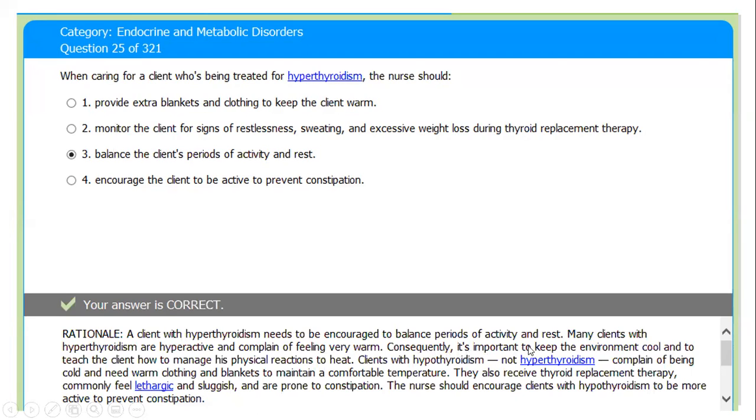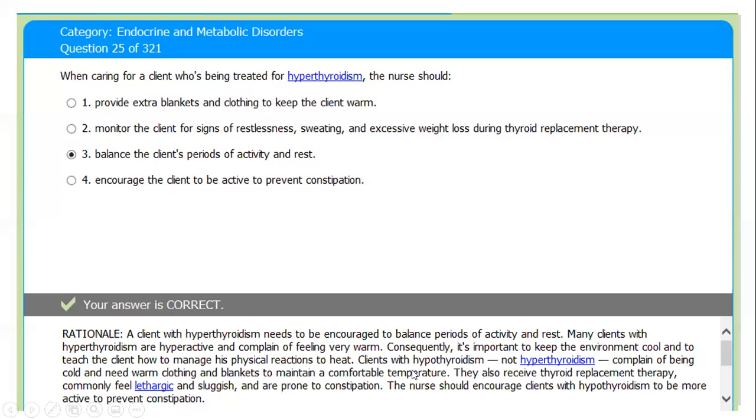Consequently, it is important to keep the environment cool and to teach the client how to manage his physical reactions to the heat.